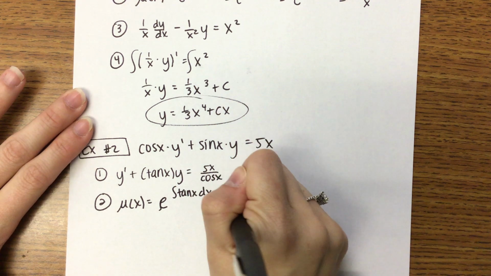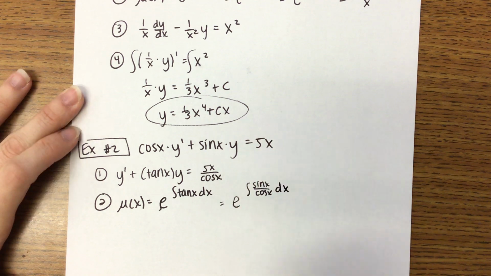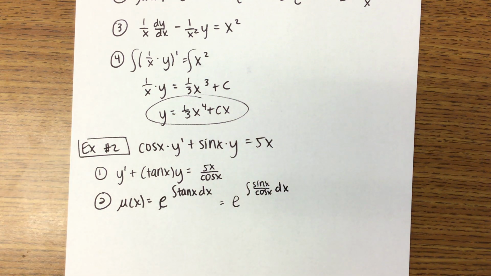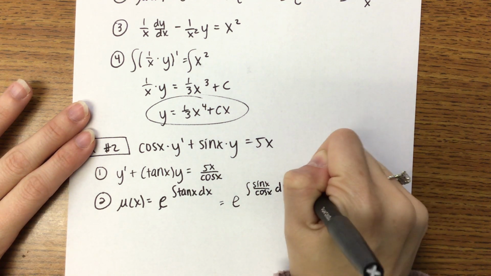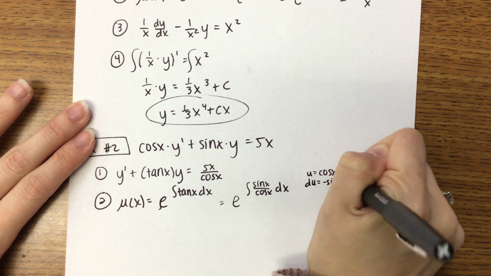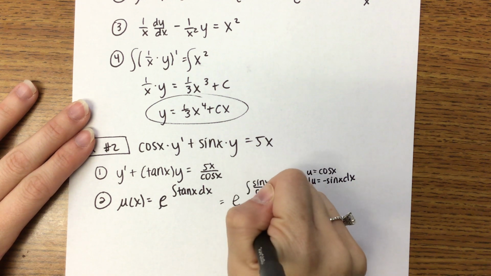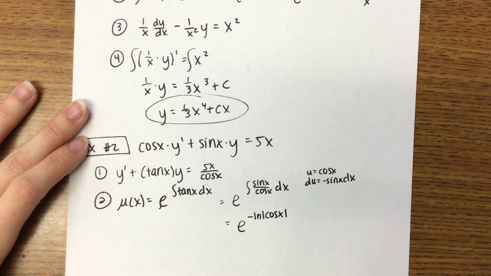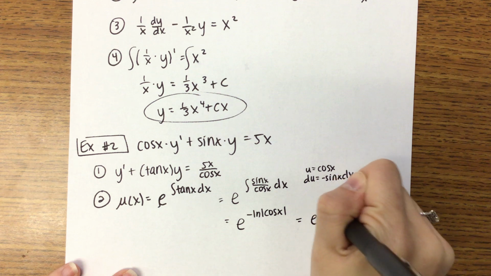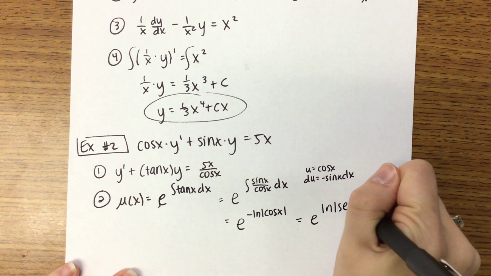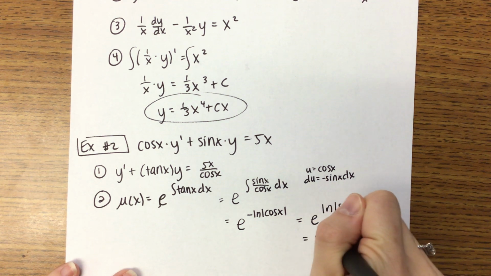Okay, let's try that and see if that's helpful. Is that helpful? Okay, so if you make your u cosine x, your du would be negative sine x dx. So this is e to the power negative natural log cosine x, which I'm going to express as e to the natural log of secant of x. Which will be secant x.